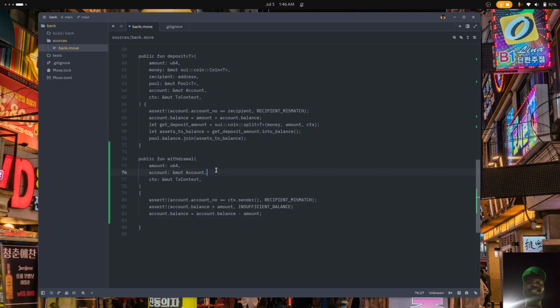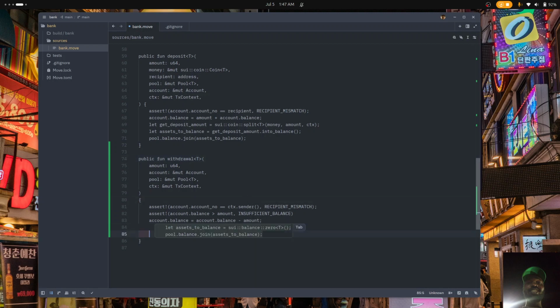So we need to pass in the pool here so we'll be able to access it. That implies we have to get the balance from get coin from pool.